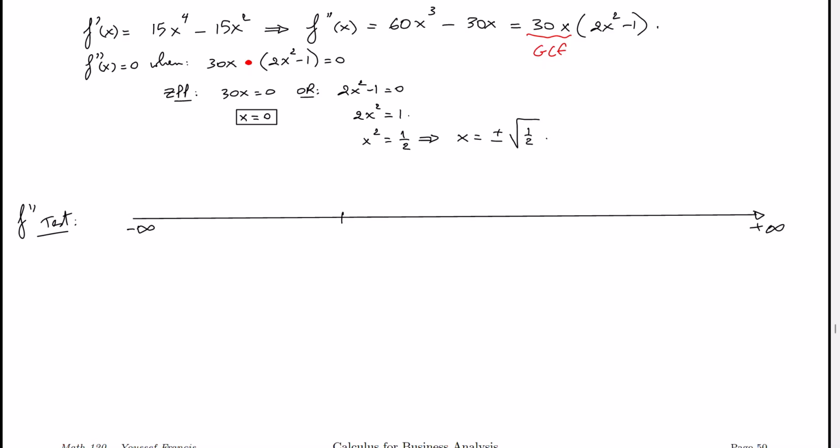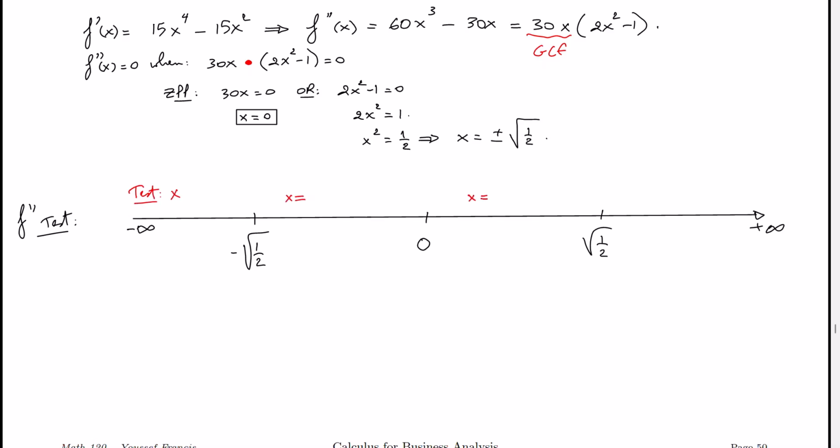And the critical numbers that we found were 3 actually, so I'm going to put this as the negative square root of 1/2, this is the 0, and this is the square root of 1/2. And so there's 4 intervals to test. Okay, so we'll need to test some x value inside of each interval.